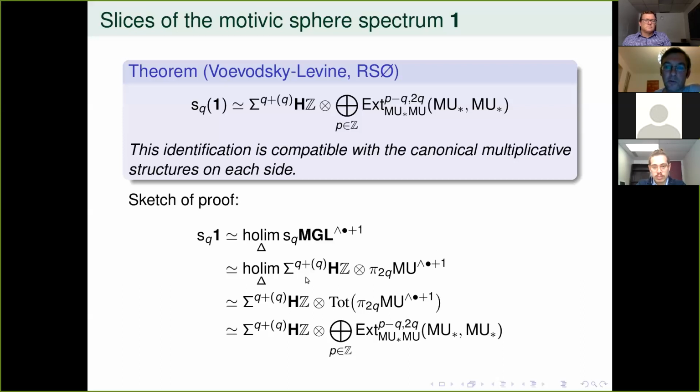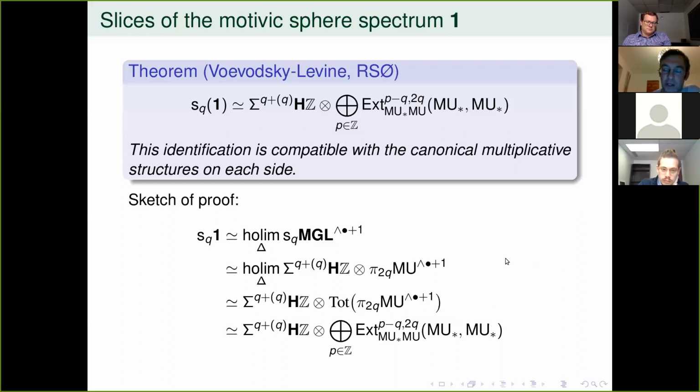And then we can move the Eilenberg-MacLane spectrum out through this homotopy limit, because basically the chain complex this gives us here is a perfect chain complex, and then the homotopy limit corresponds to the total complex, and the homology groups of this total complex are the E2 page of the Adams-Novikov spectral sequence.